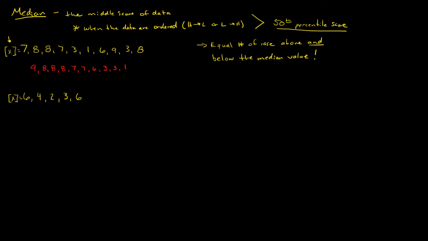And so, with that being said, there are some if-then statements here, kind of asterisks. If there's an odd number of cases, then the median is the middle score.